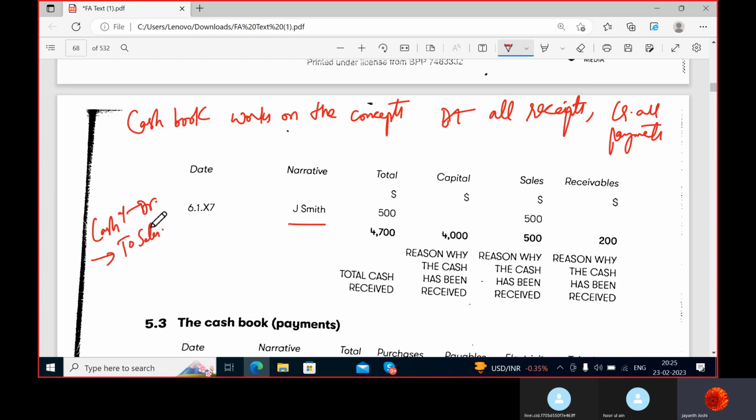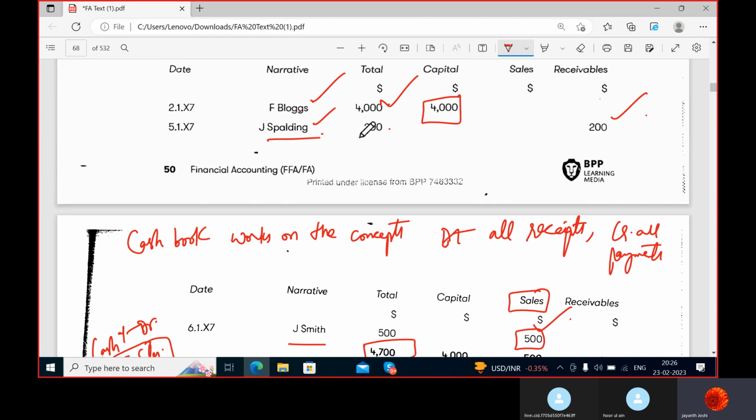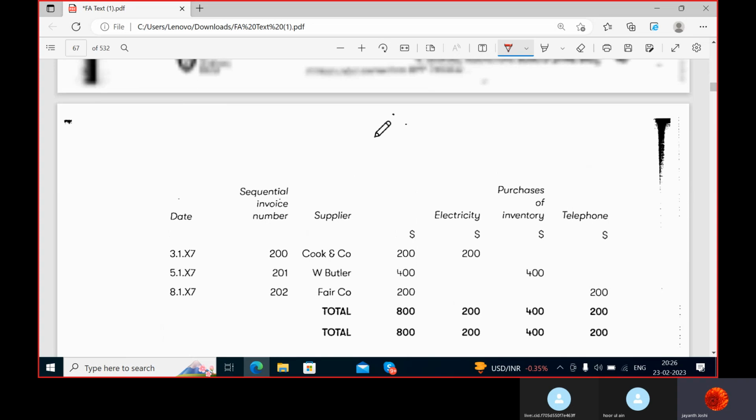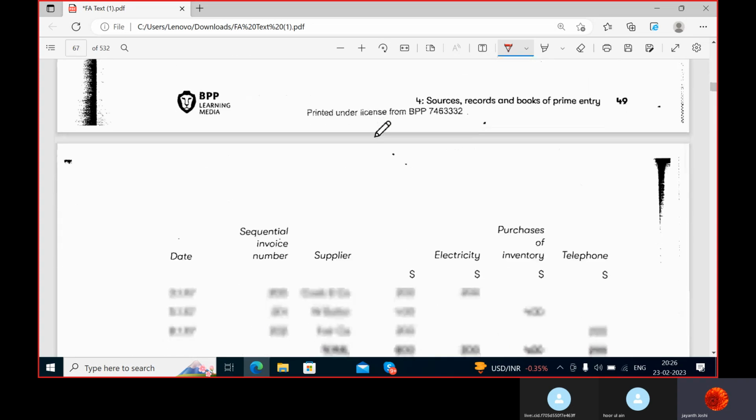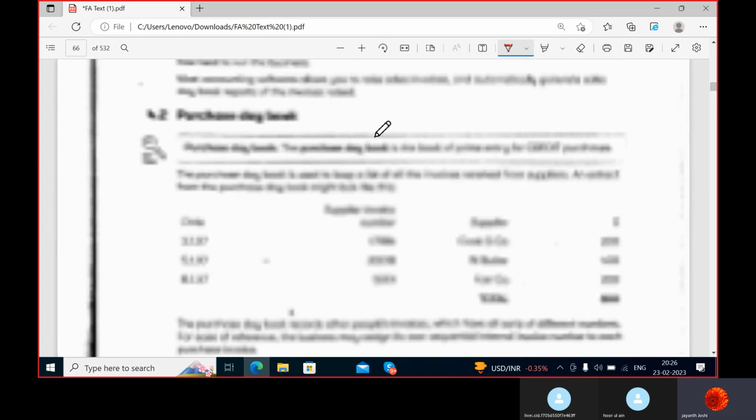So I received money because I sold goods, and I posted that in the sales account. That means in the cash book, I'm showing this cash is received because of sales. And then the total happens to be 4,700 vertically: 4,000, then 200, and then 500. Is it so?